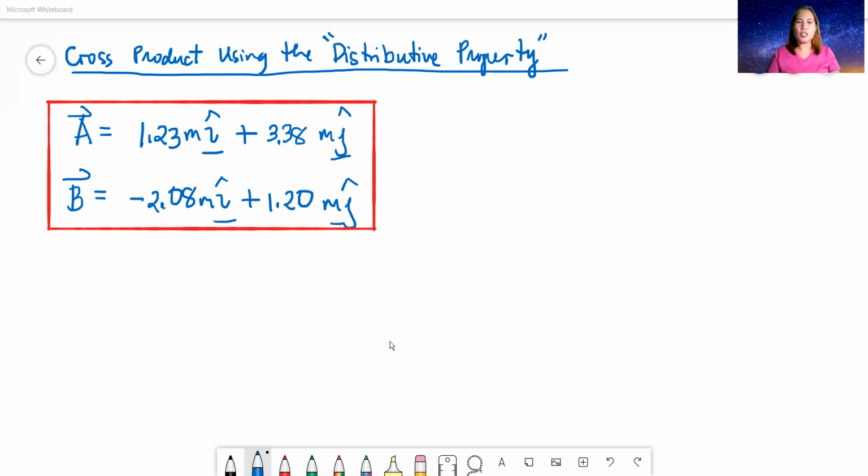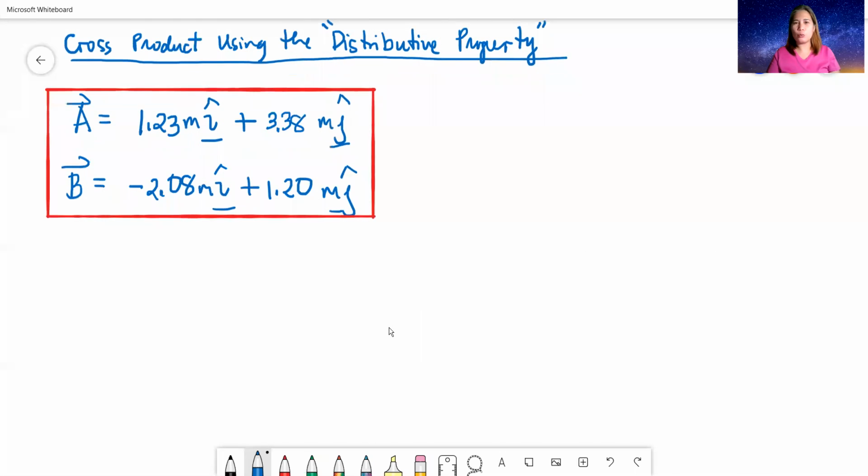So for the distributive property, you don't need to use any 3 by 3 matrix. You don't need to put in the components in the equation, but we just need our handy tool, which is the I hat, J hat, K hat in clockwise arrangement.